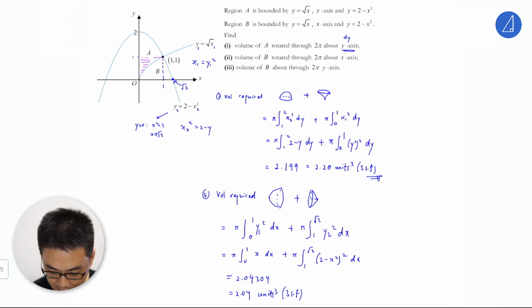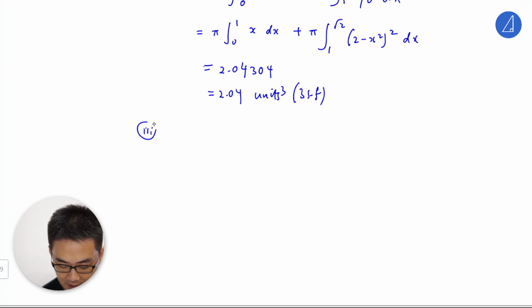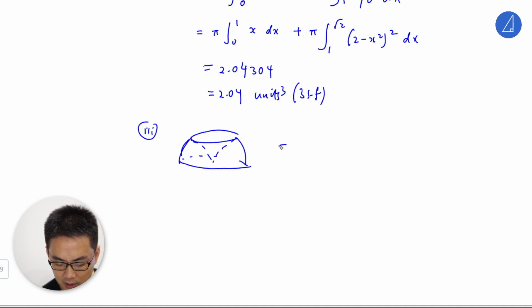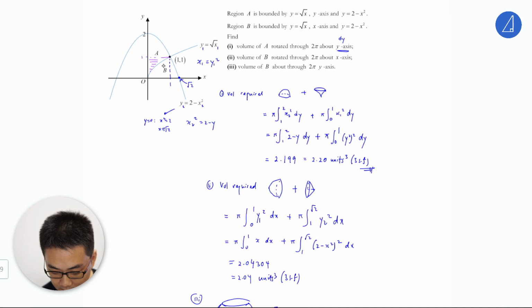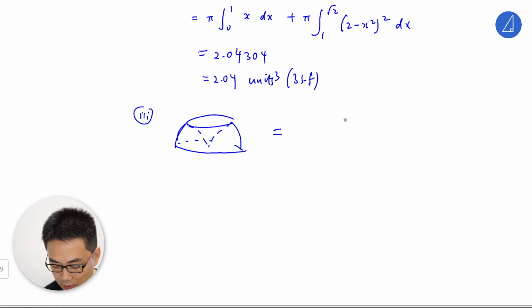Part 3 is an interesting one because you rotate about the y-axis. This shape here looks like that. You try and visualize the shape first before I model it out for you. So the required volume is like that. See that? I don't know what this thing is. Basically the required volume is this one minus the top.